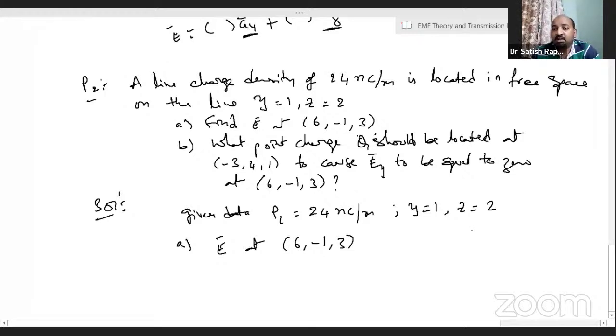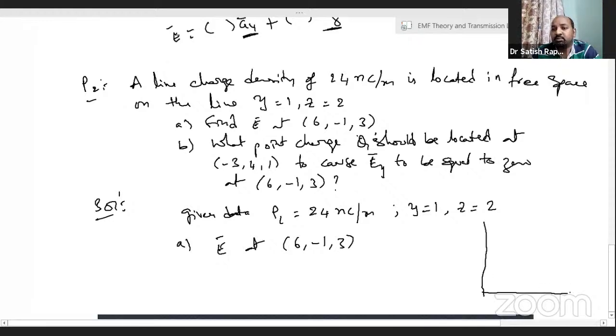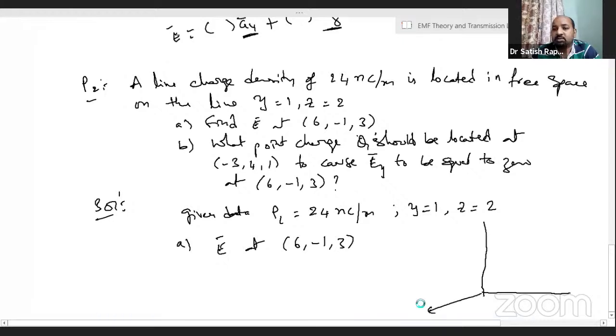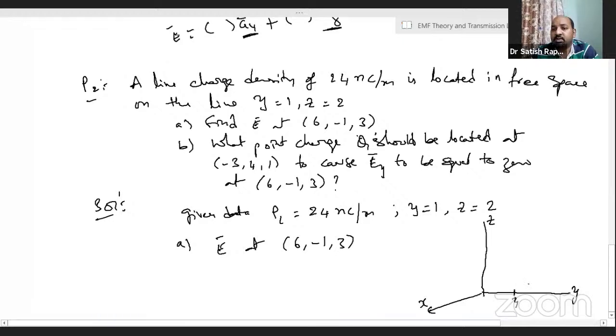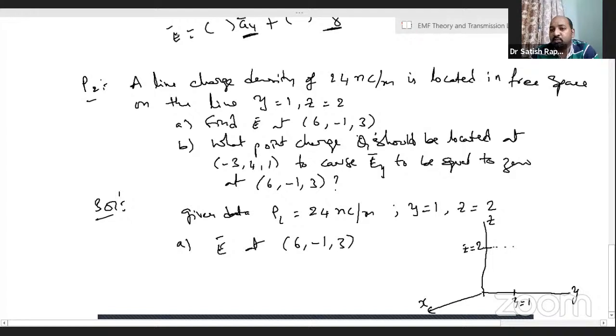So the line charge is located at, let me show it. Let us say this is x, y, and z. The line charge is located at y is equal to 1 and z is equal to 2.